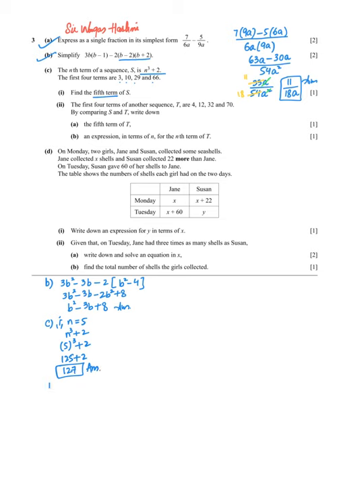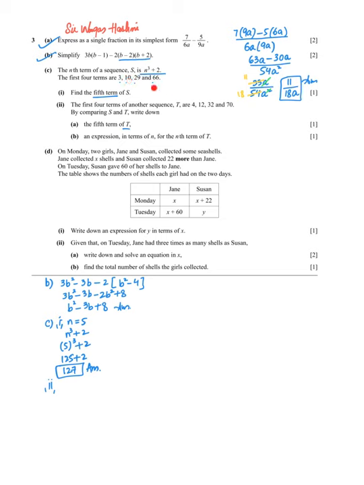For C part 2, it says the first 4 terms of another sequence are 4, 12, 32 and 70. By comparing S and T, write down the fifth term of T. Alright, so the terms of T you have are 4, 12, 32 and 70. So we need to build a relation with this one, right? So if it's 3, it's 4. So for the first term, the difference is 1.